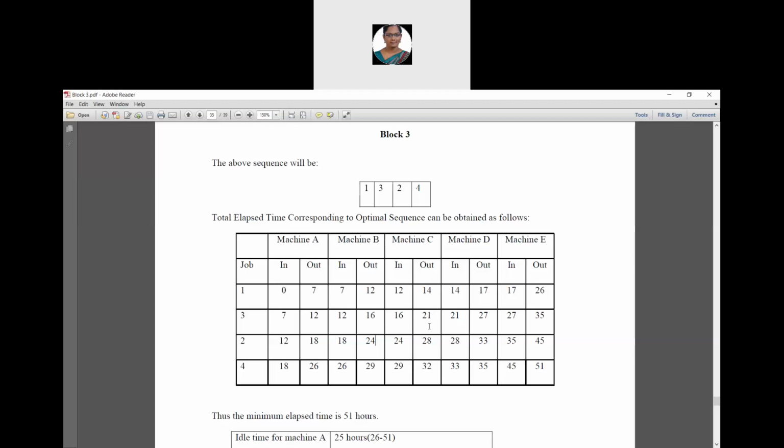So 16 plus 5 is 21. And you should write here as the maximum of 24 and 21. It is 24.